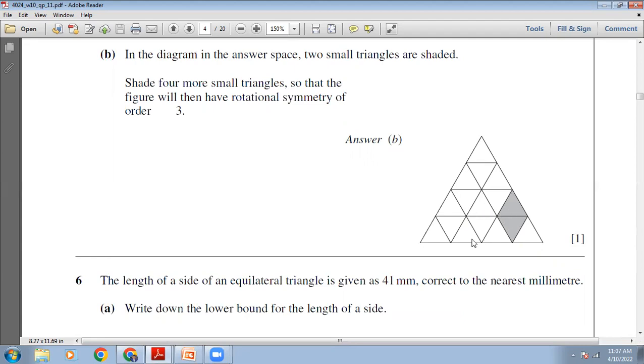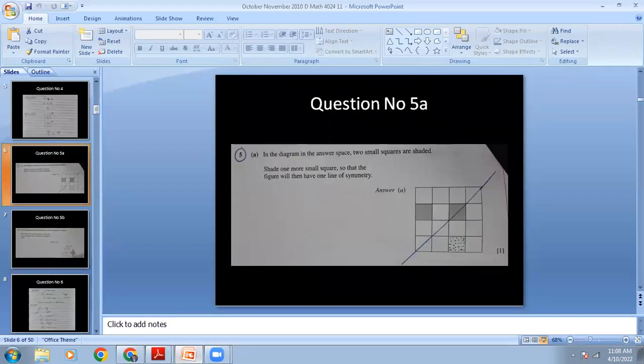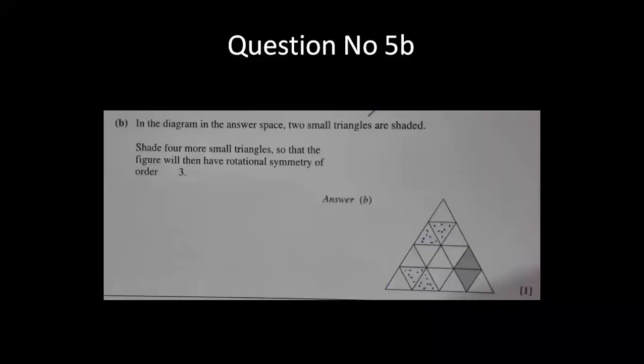One blade is here, the other one will be here, and the last one will be here. Let me show you. So it should have 3 blades. If this is the center, one blade is this, the other one will be here, and the third one will be here.